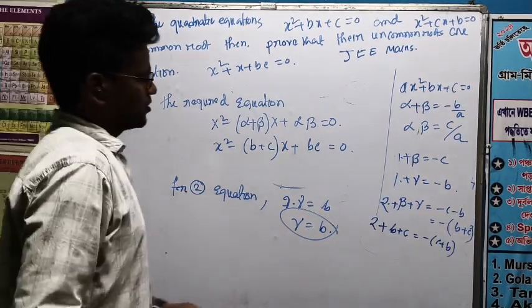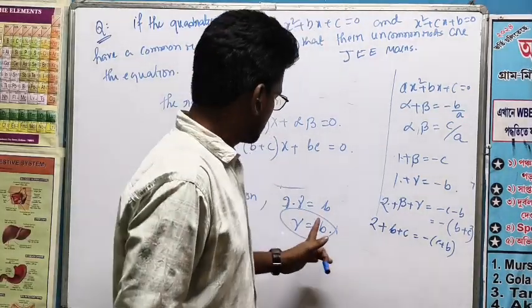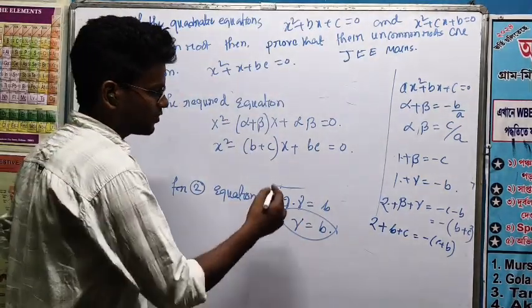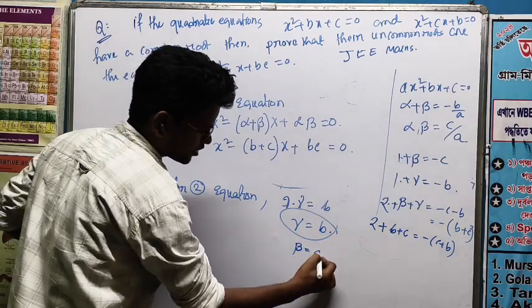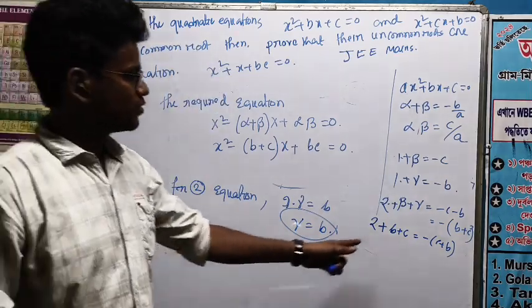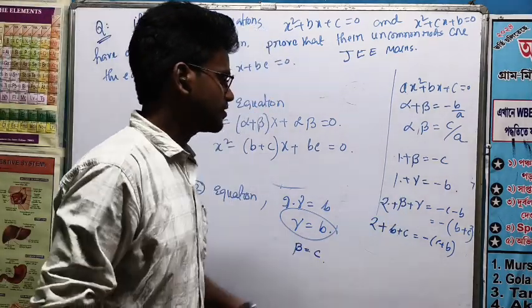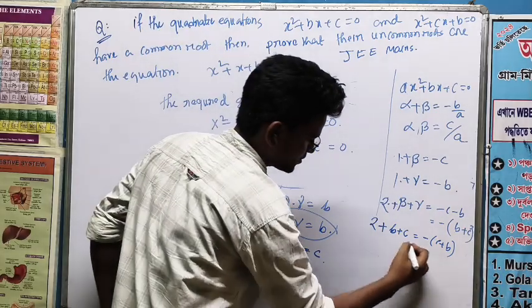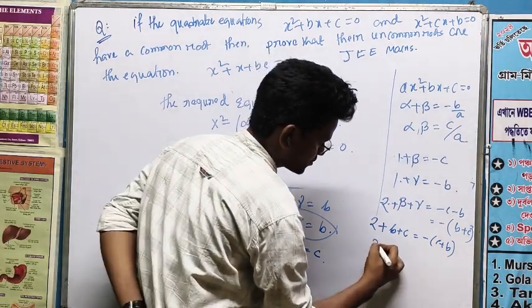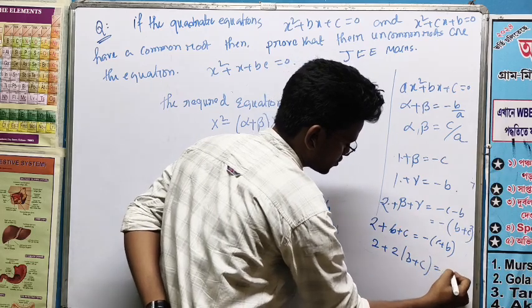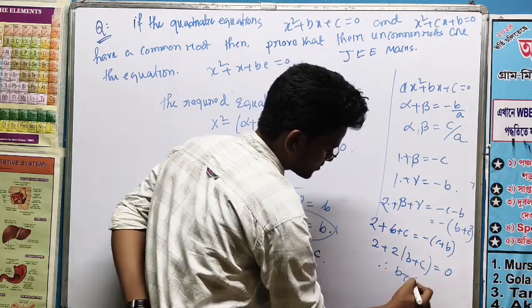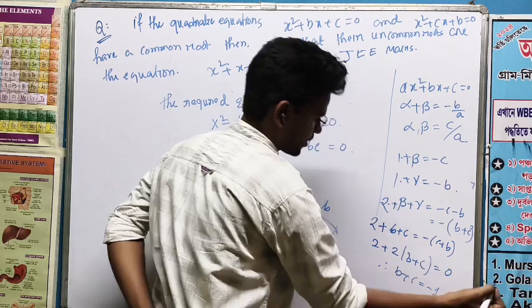Previously we have got gamma is equal to b and beta is equal to c. Then we put the values of beta and gamma, so this is 2 plus b plus c is equal to 0. So b plus c is equal to minus 1.